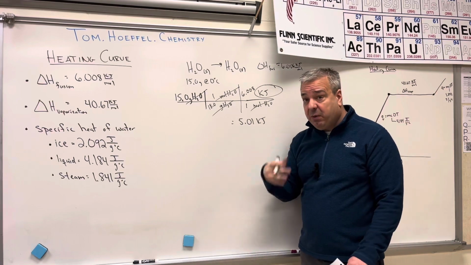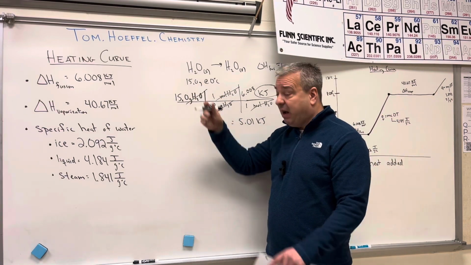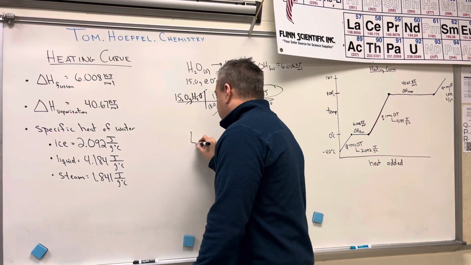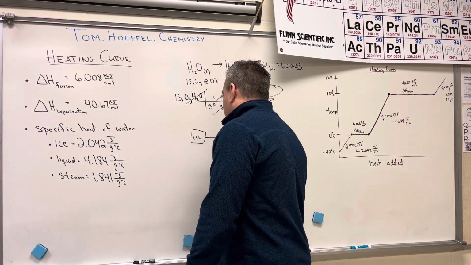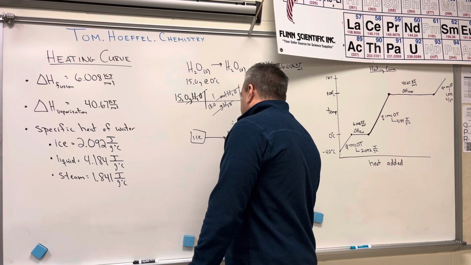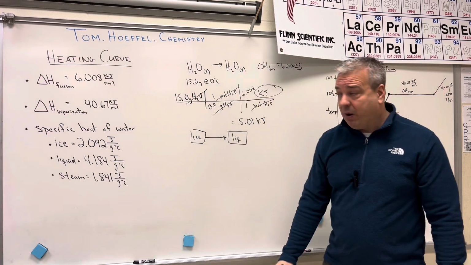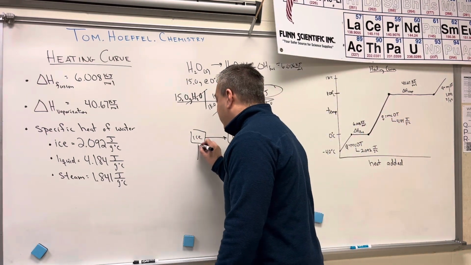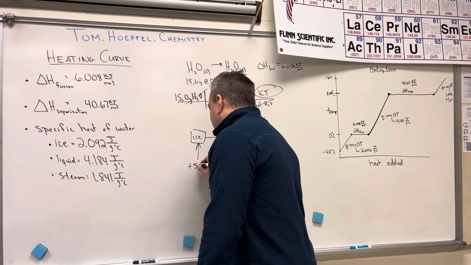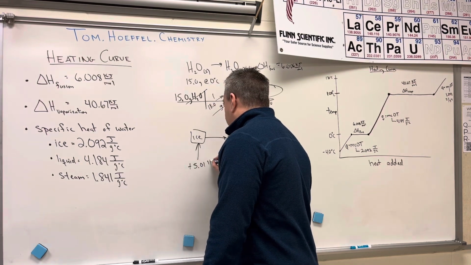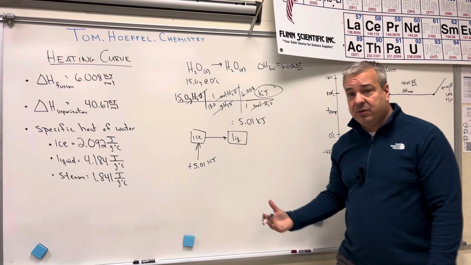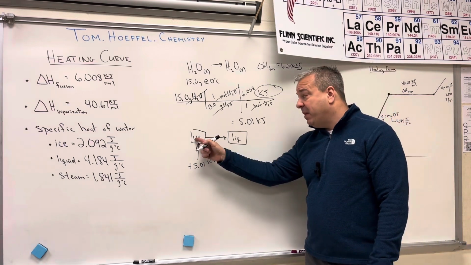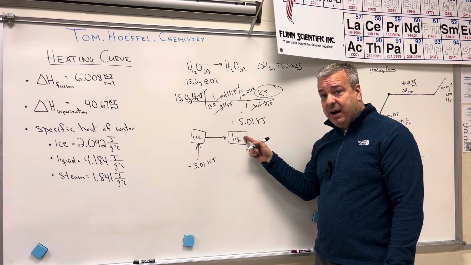So if I had some ice, and I want to change that ice over to liquid water, I would have to add 5.01 kilojoules worth of energy to melt the ice into liquid water.